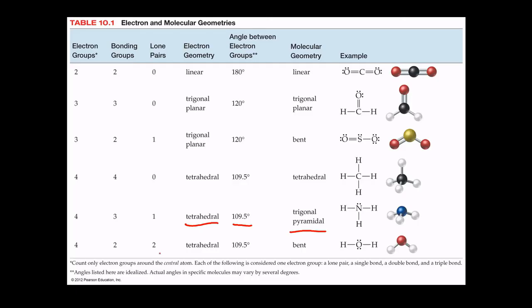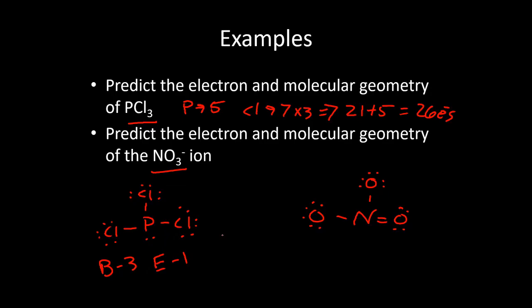So if we go back to our table and check, if we have 3 bonding groups and 1 lone pair, then our electron geometry is tetrahedral, and our molecular geometry is trigonal pyramidal. I'll go ahead and write those in.